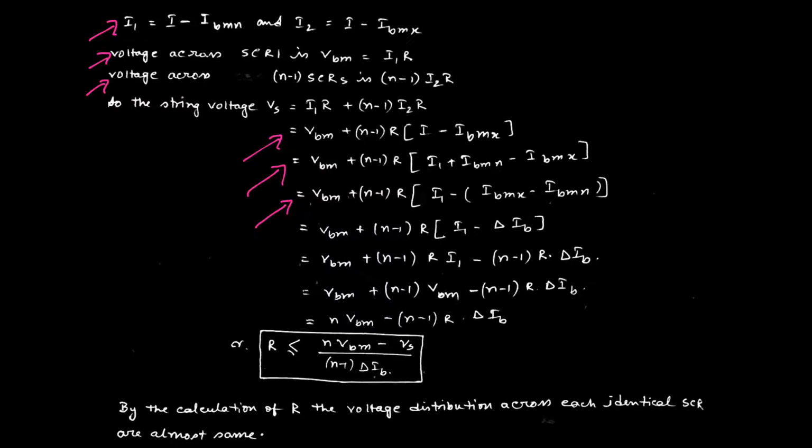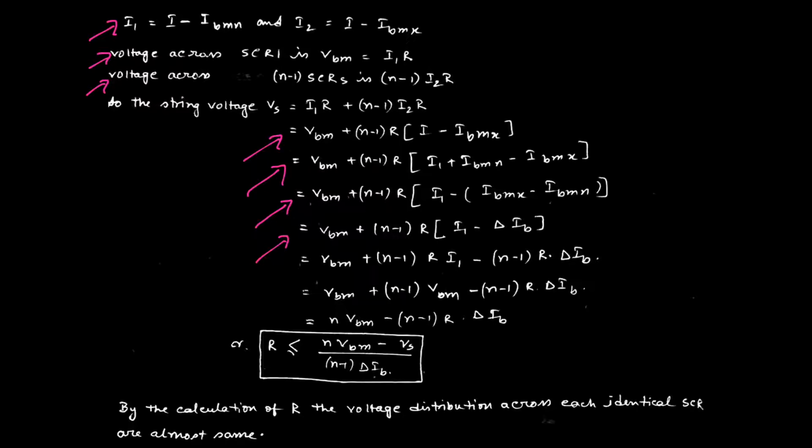So after replacing this part by del IB, a very small amount of current, that is why defined by del IB. So the equation stands for VBM plus n minus 1 R into I1 minus del IB.